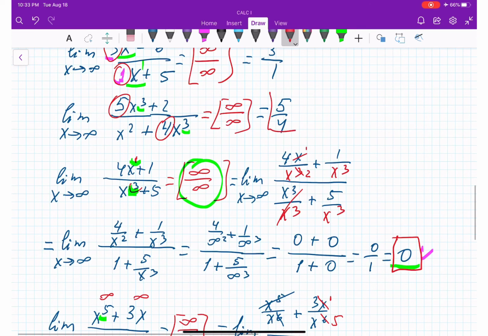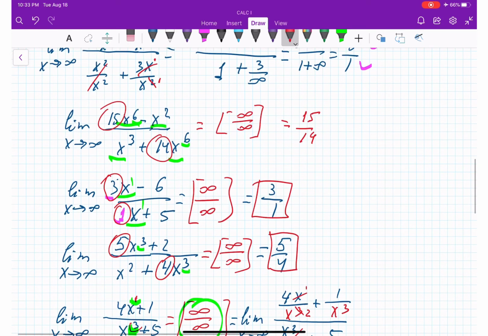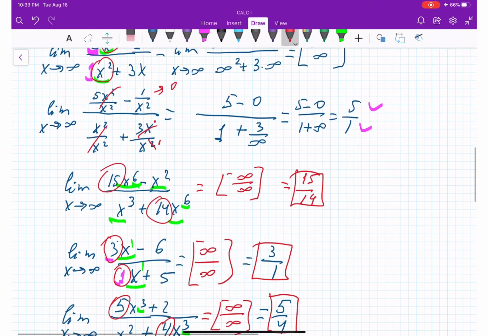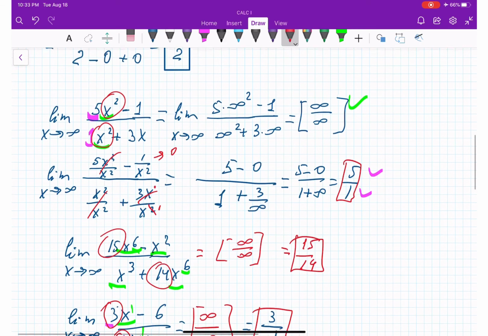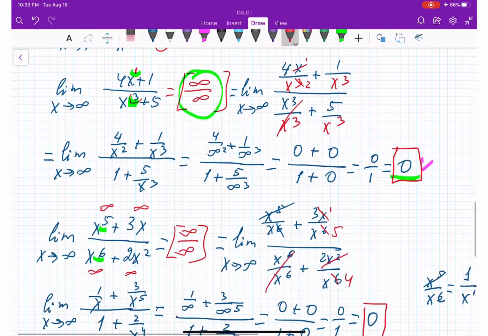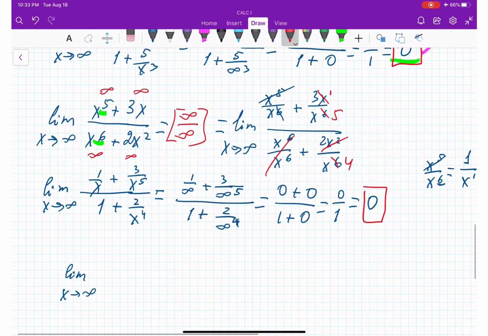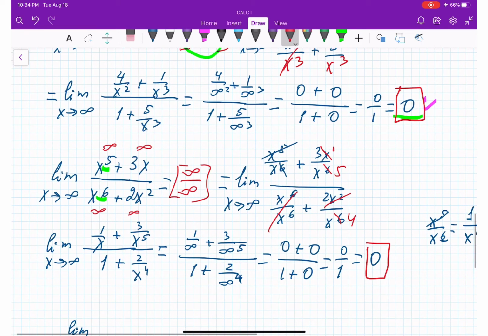Here I get the answers 5 over 4, 3 over 1, 15 over 14, and here 5 over 1. And 3 over 2, we already have it. So I put them in a frame, so you will see where we have the answer.